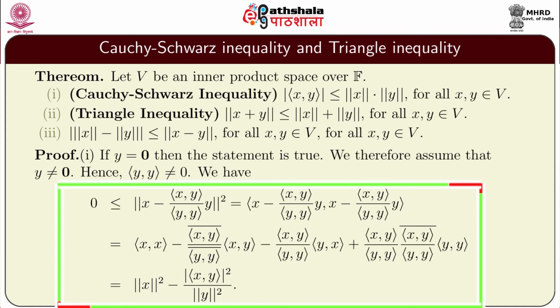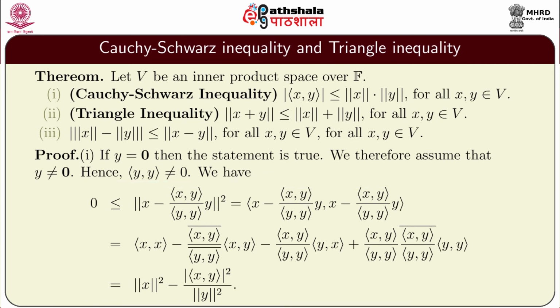So, if we simplify, then we finally get the norm of x square minus the modulus of inner product x y square by the norm of y square, and that is non-negative, and therefore, a simple rearrangement gives our result.